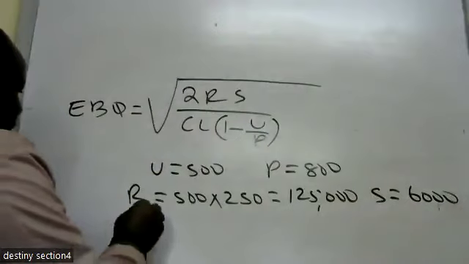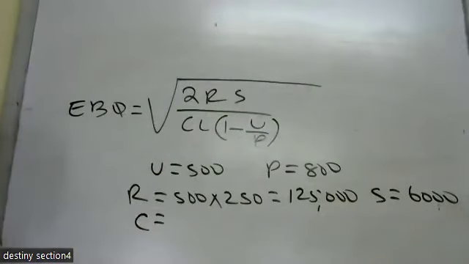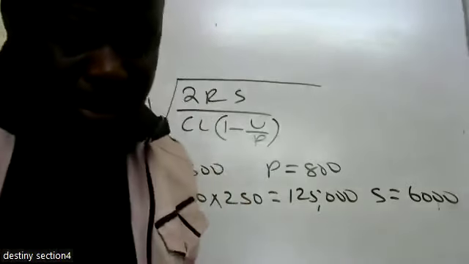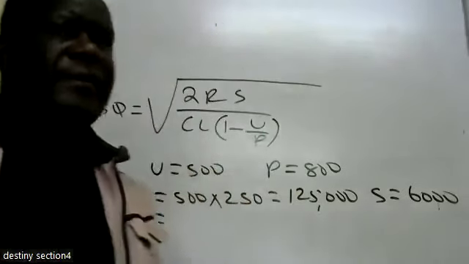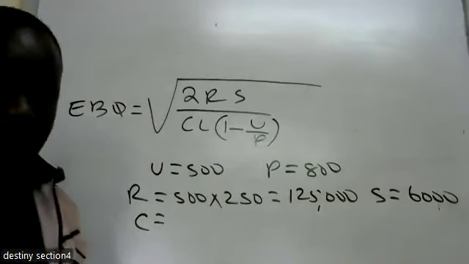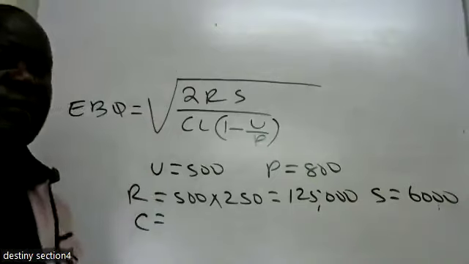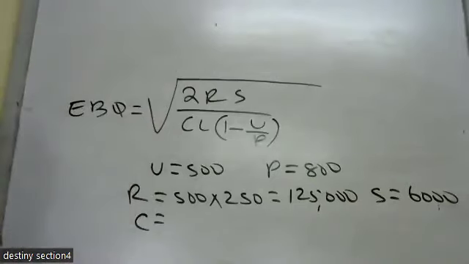Then C, I want you to add the variable production cost: direct material, direct labor, and variable overheads.